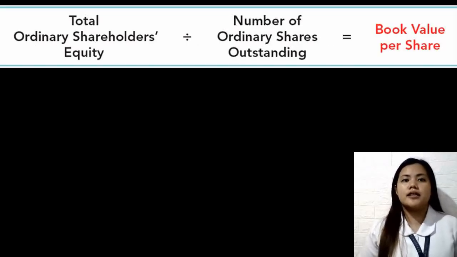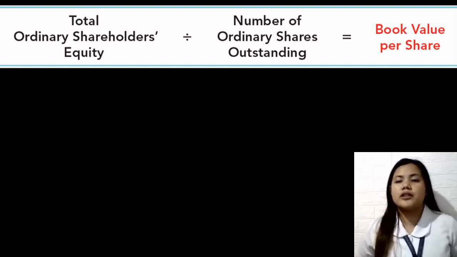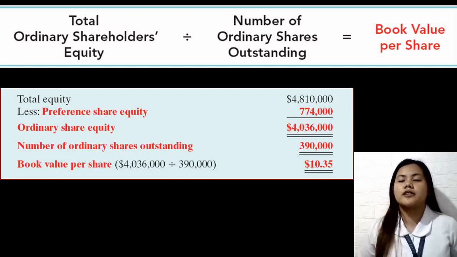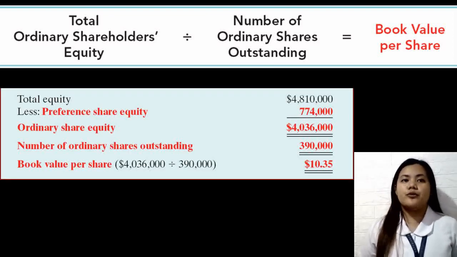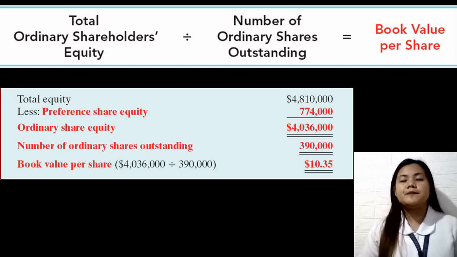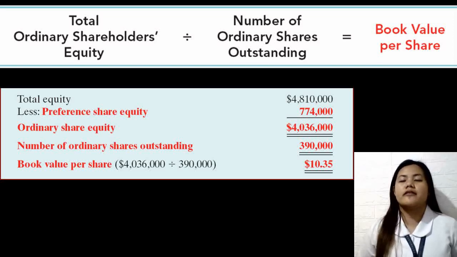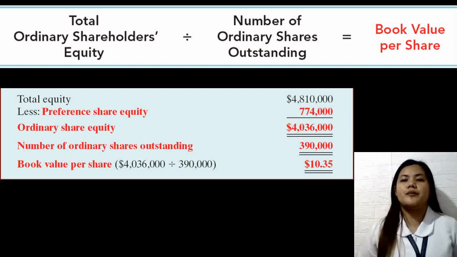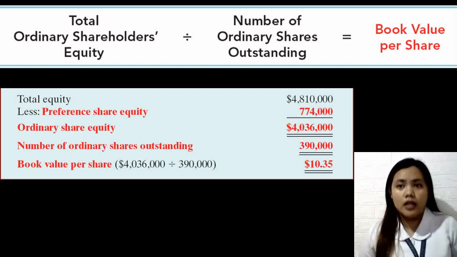Next is the computation of the book value. So the total equity that is given is $4,810,000. So we subtract the preference share equity, which we computed earlier, $774,000. So the ordinary share equity we now have is $4,036,000.